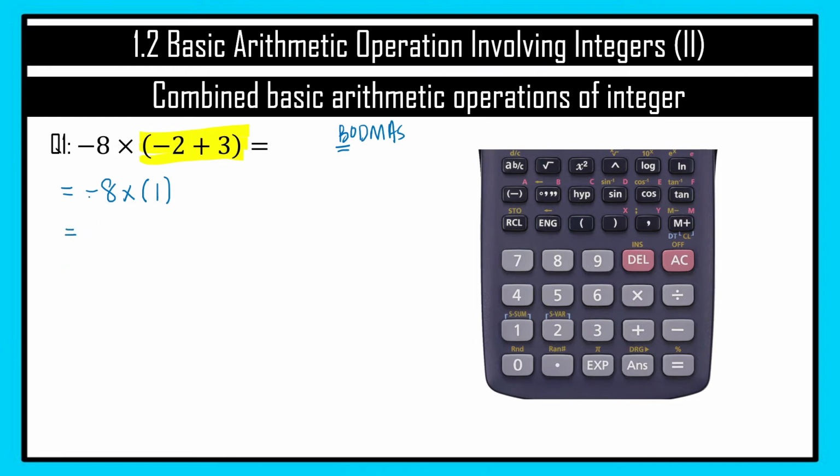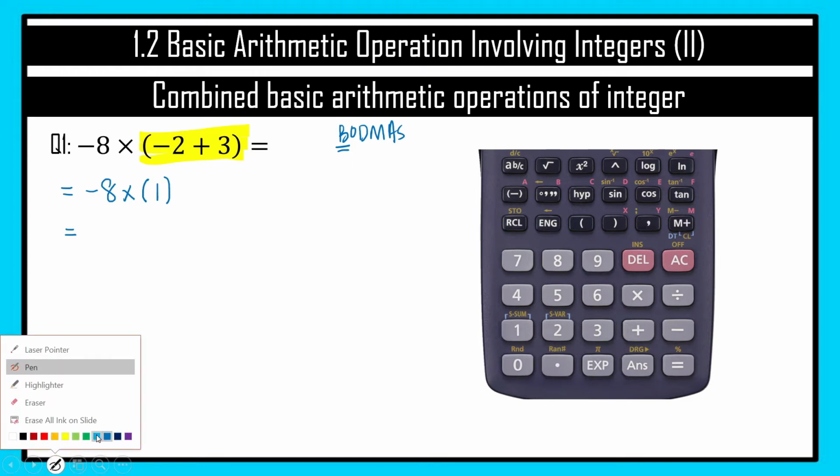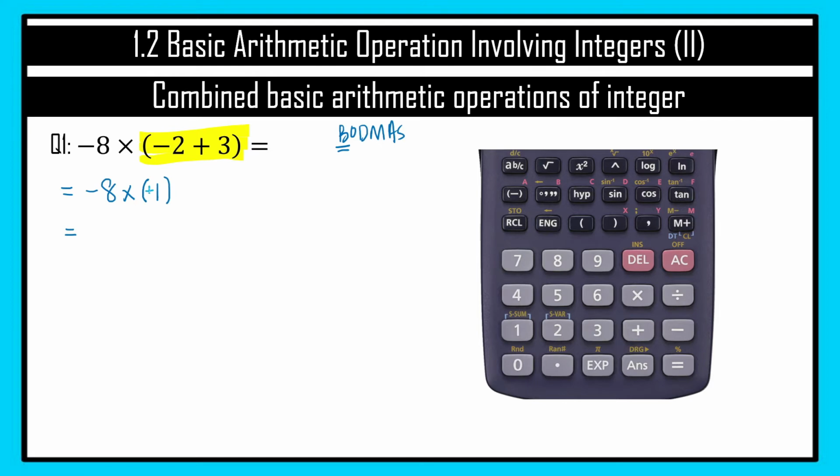Alright, next is negative 8 multiply 1. 1 is actually a positive number. In mathematics, we multiply symbol with symbol, number with number. So the negative will multiply together with the positive.